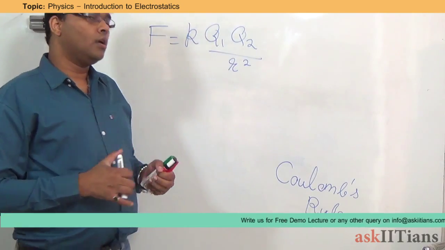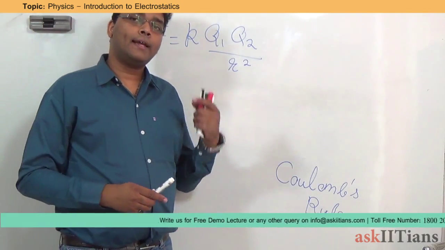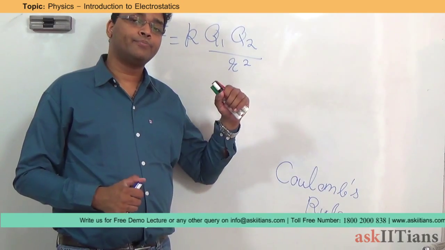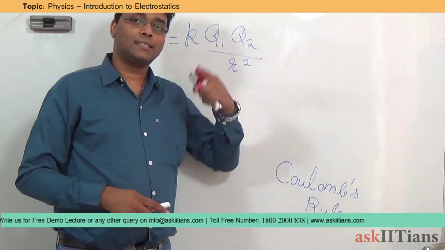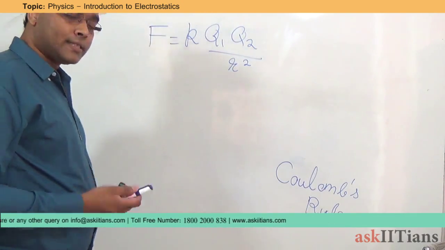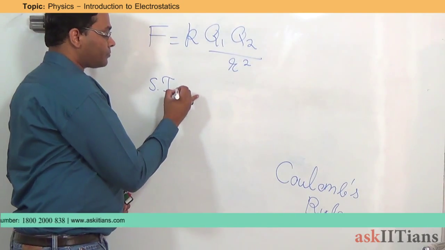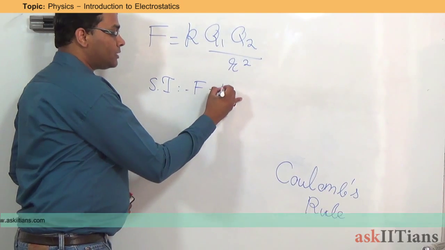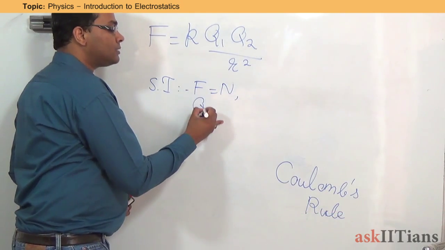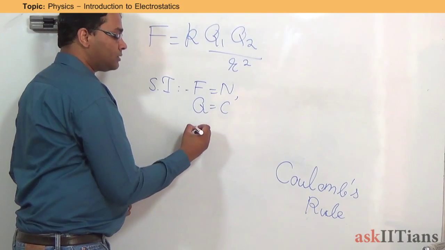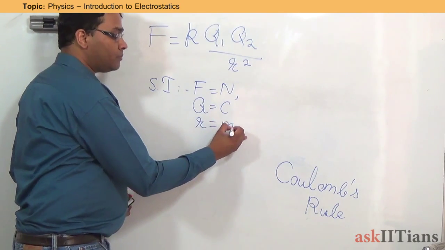Now, if you remember, we had discussed the SI system of units and the CGS system of units. In the SI system, force is measured in newtons, charges are measured in coulombs, and distance is measured in meters.